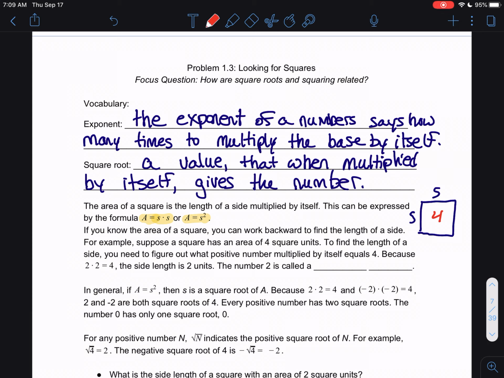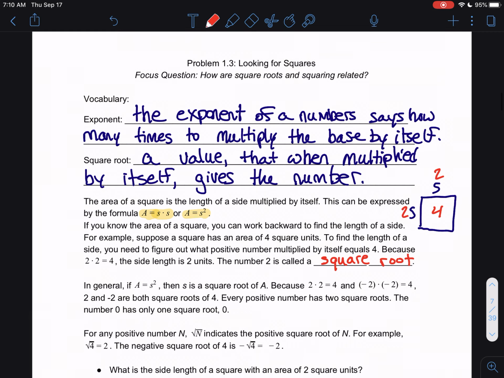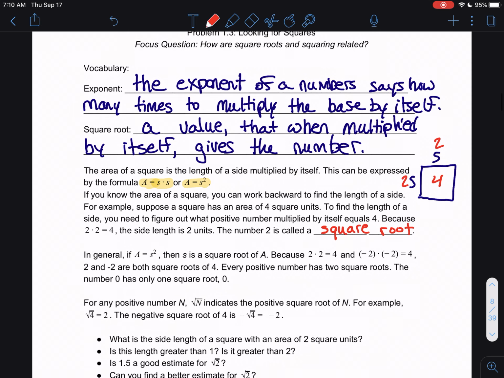And so because 2 times 2 equals 4, the side length would be 2. And so this number 2 is called a square root. In general, if A equals S squared, then S is a square root of A.